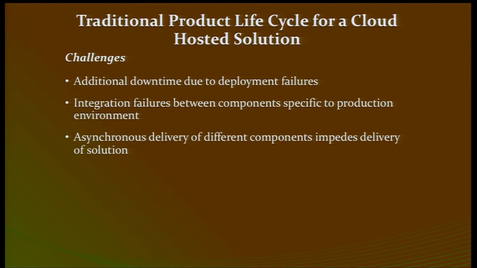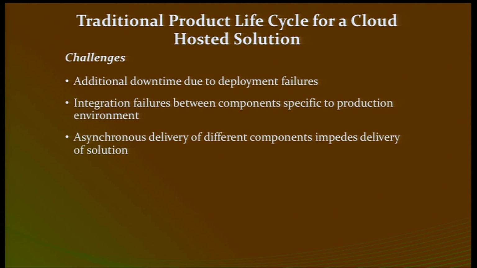So, the other thing that I want to highlight here is that integration failures can also be affected by the asynchronous delivery of components. What this essentially means is that since every engineering team follows their own process, it's more likely that they are not going to deliver the solution at a time.